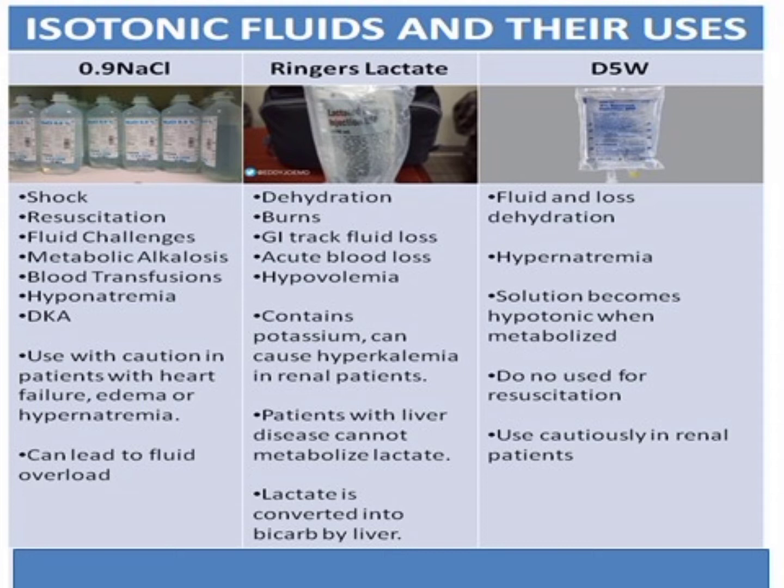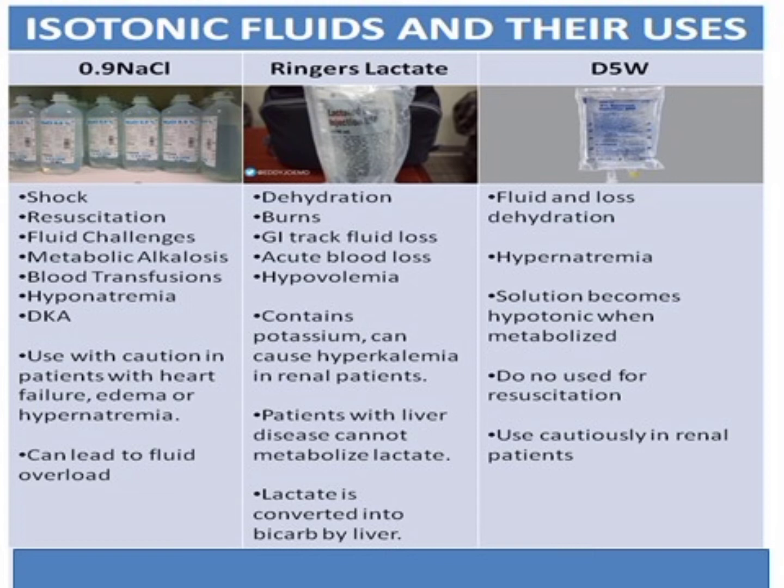If the doctor advises, only then follow the orders. Patients with liver disease cannot metabolize lactate. What happens is lactate is converted into bicarbonate by the liver. So here also be cautious with the usage of Ringer lactate.